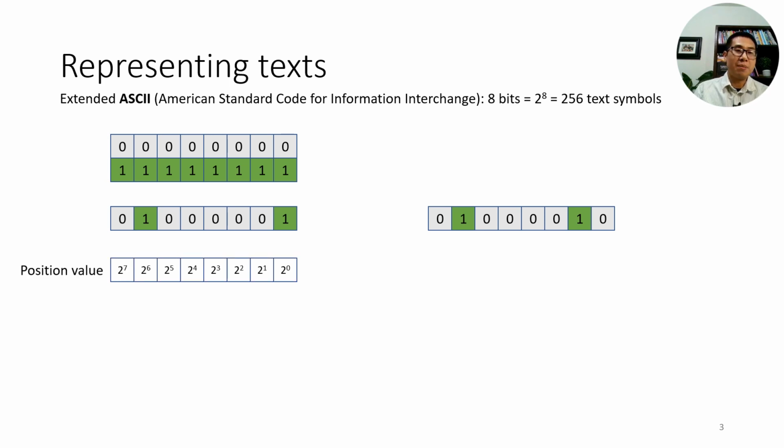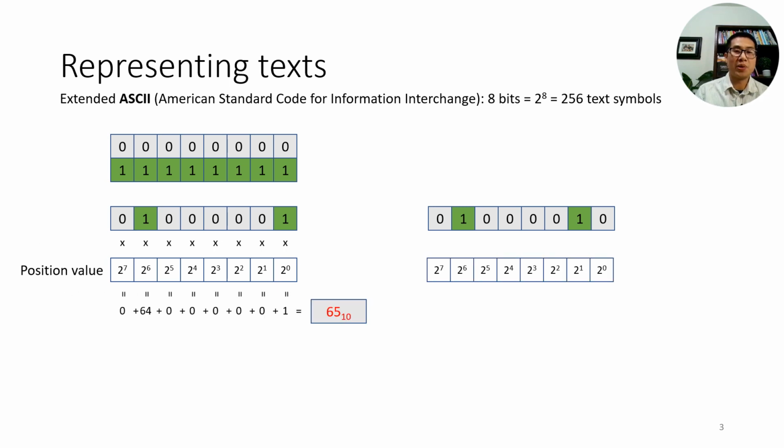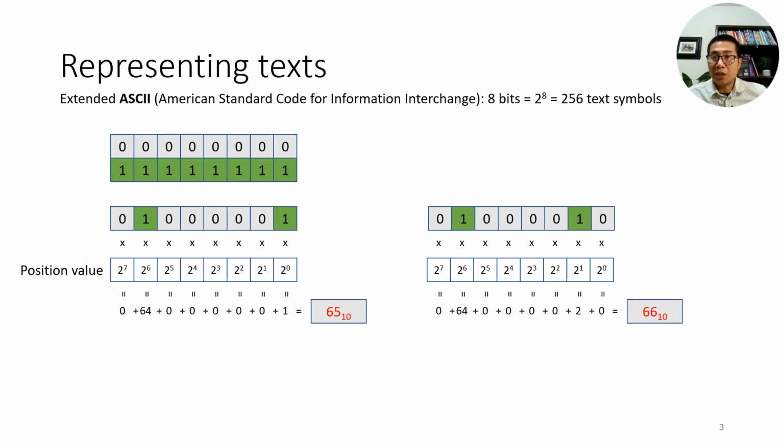Multiplying these bits by their position values, we find that the first one represents 65 in the decimal system, and similarly, the second bit sequence represents 66 in the decimal system.